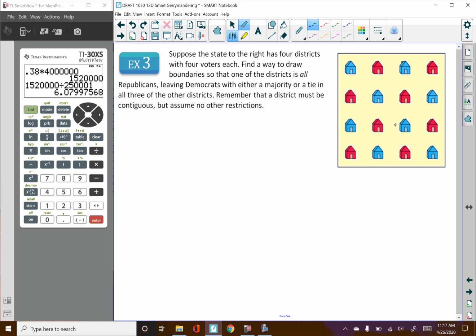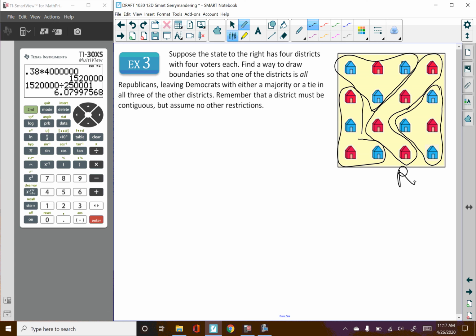If we group these Republicans together, we have a group over here that favors Democrats, a group over here that favors Democrats, and then these 4 together. So this gives us 1 Republican district, 2 Democratic districts, and 1 tie district.